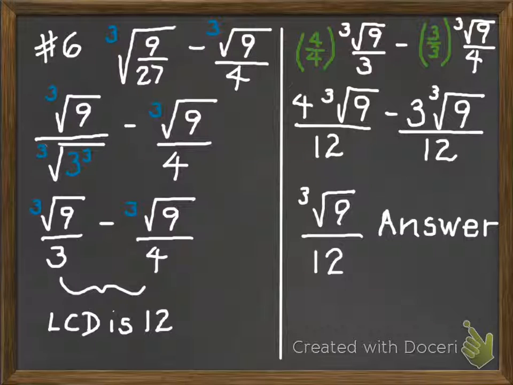Number 6, the cube root of 9 over 27 minus the cube root of 9 over 4.